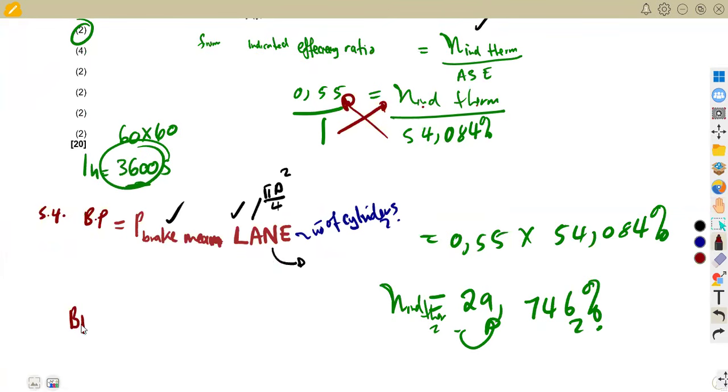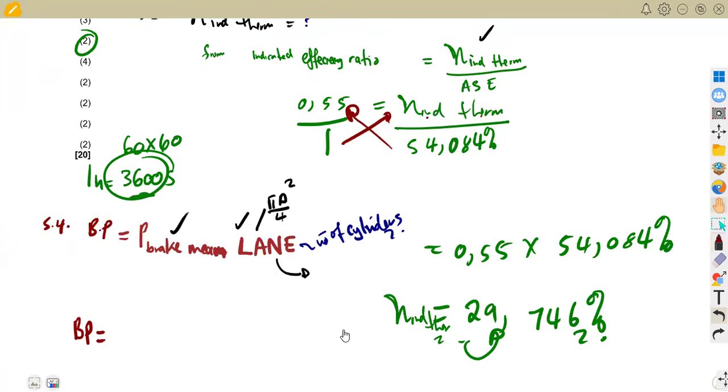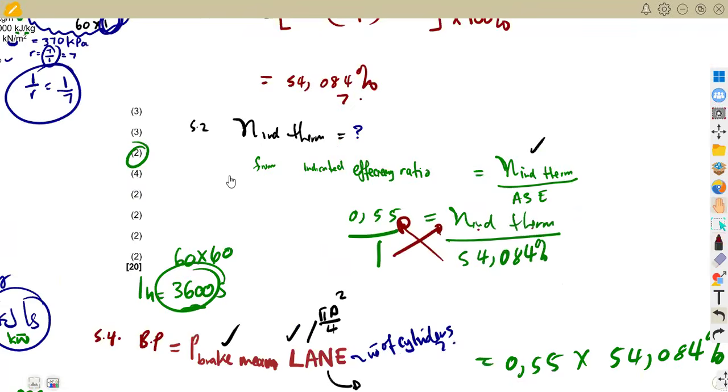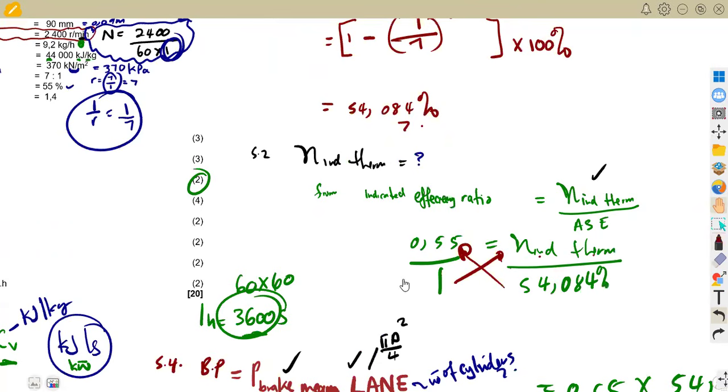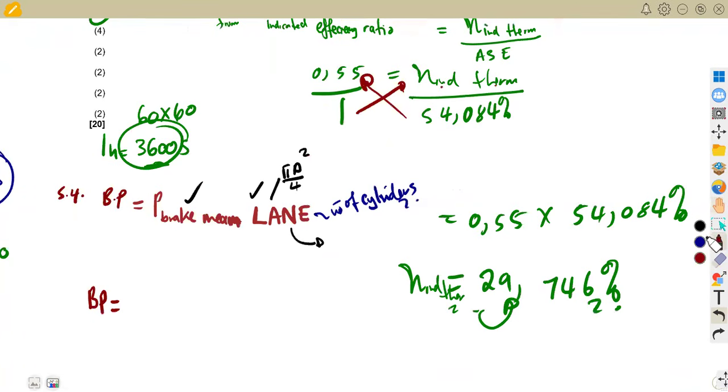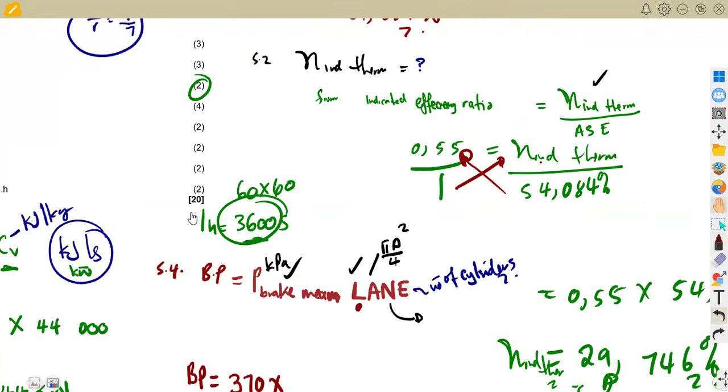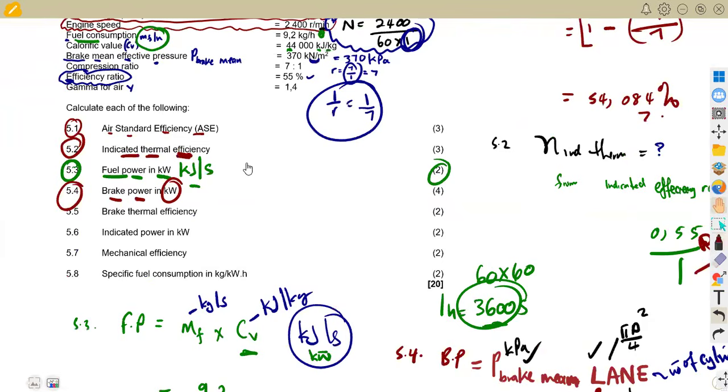Our brake power is going to be the brake mean effective pressure. That is 370 kilopascal. This is given in kilopascal so that our answer is going to be in kilowatts, which is kilojoules per second. So this is 370 times the stroke length. L is the stroke length, and we have got it from our information.